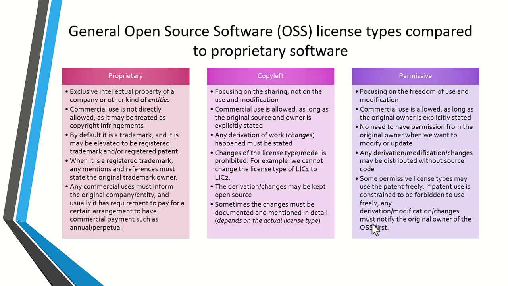For example, MIT doesn't allow you to use the patent freely. Fortunately, as far as I know, if you use .NET, I don't know about Java, there is no patent in that source code at all. From the perspective of the maintainer of the .NET source code, there is no patent attached to it. It only uses either MIT or Apache. So you have to notify the original owner because there's no patent.